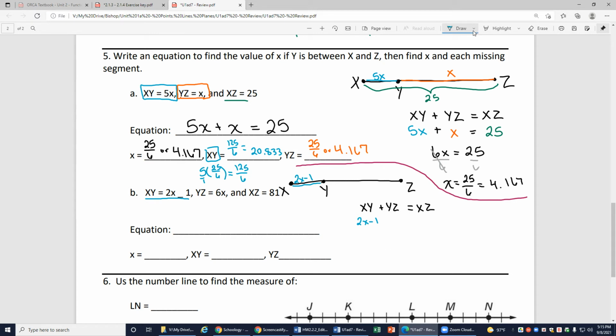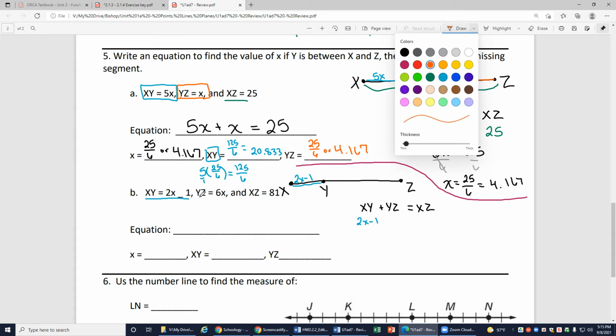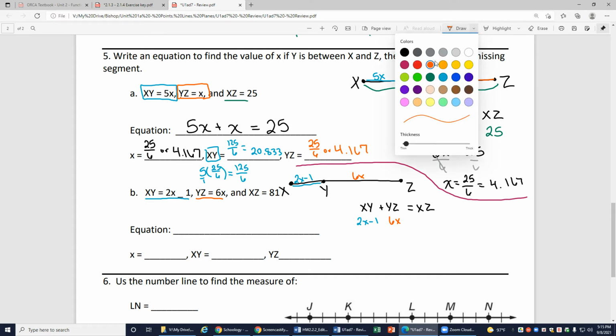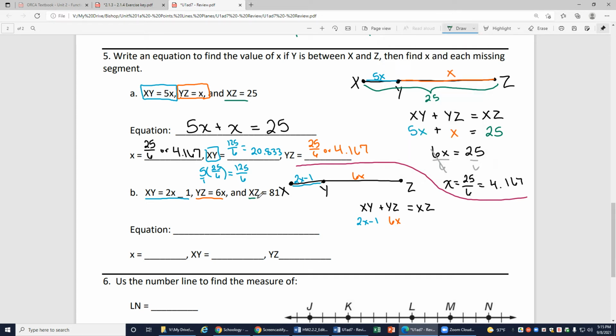And then yz is 6x. So I may have made it more to scale this time. And I know that's going to equal the whole thing, 81. xz is 81. So my whole thing here is 81.